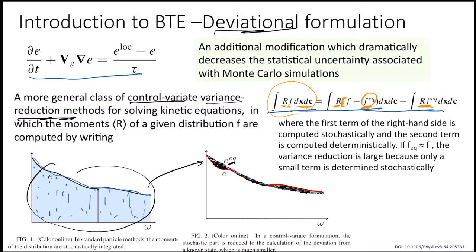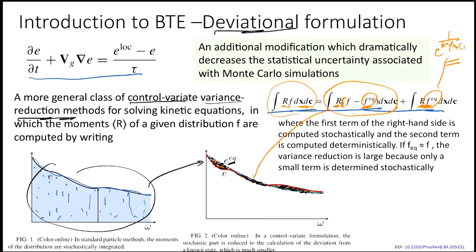f equilibrium dx dc. So instead of solving everything stochastically through Monte Carlo, we only solve this part stochastically. Basically, whatever this black shaded area we have taken, the remaining difference from the equilibrium position, we solve stochastically using Monte Carlo. And the equilibrium distribution we already know, like this h bar omega by kbt minus 1.